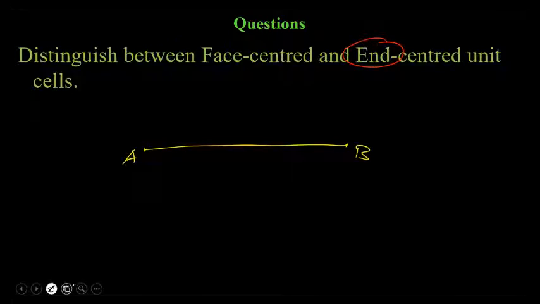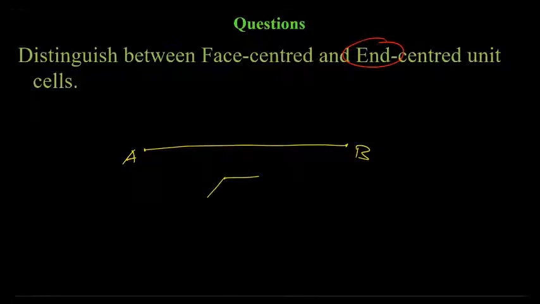Next question: distinguish between face-centered and end-centered unit cell. Face-centered means all faces. End-centered means ends. And what are the two ends? Opposite. It means opposite faces. And remember how to remember end-centered. If I say this is a line, what are the ends? Ends are A and B. Similar is the case here also.